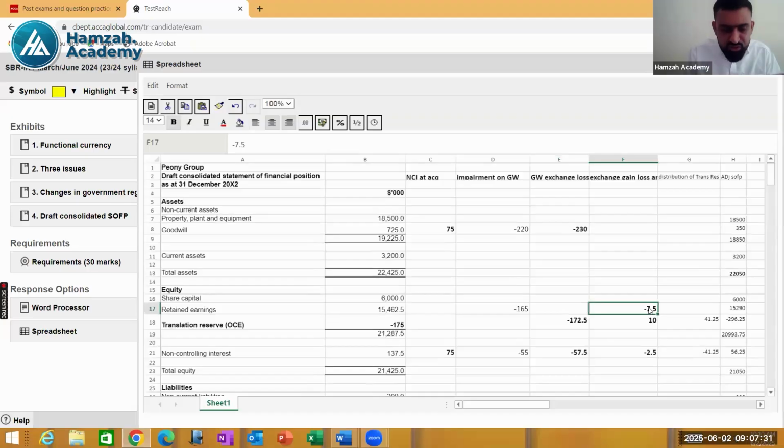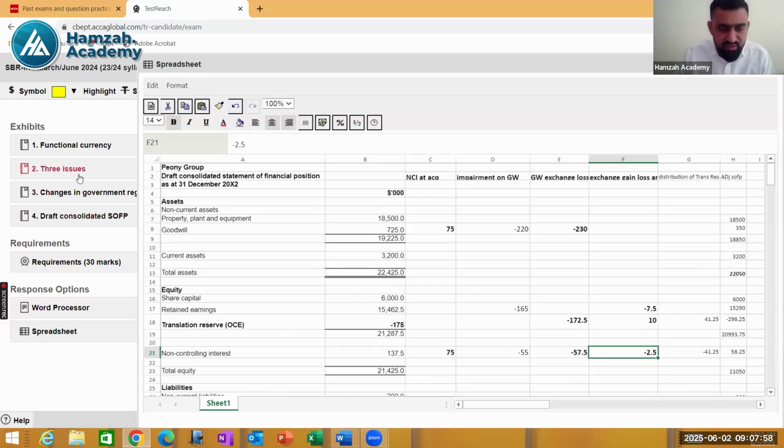So 75% of the loss will be debited in group retained earnings, and 25% of the loss will be allocated to the NCI. So group retained earnings is debited with 7.5, NCI is debited with 2.5, and translation reserve is credited with $10.